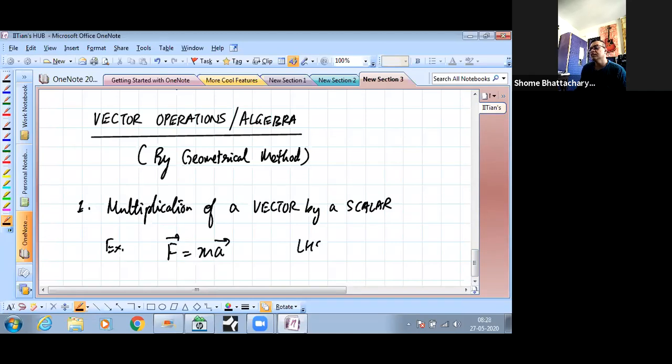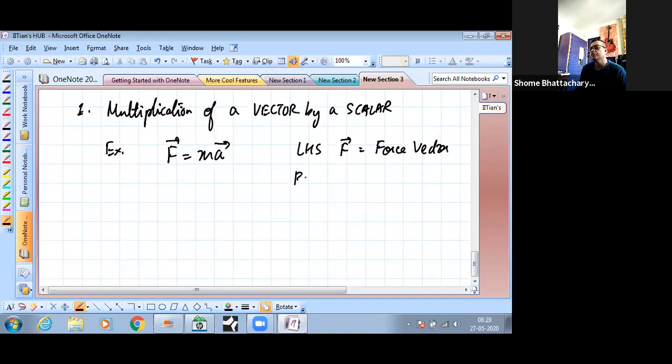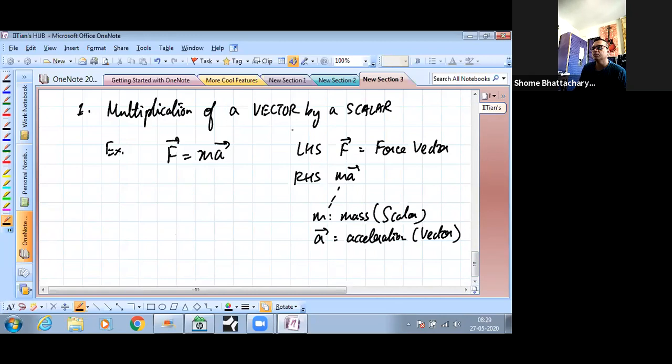In this you can see the left hand side is a force vector. The right hand side, mass into acceleration, is a product of m, which is the mass, a scalar, and a, which is acceleration, a vector quantity. So this is a practical example of the application of this type of operation, multiplication of a vector by a scalar.